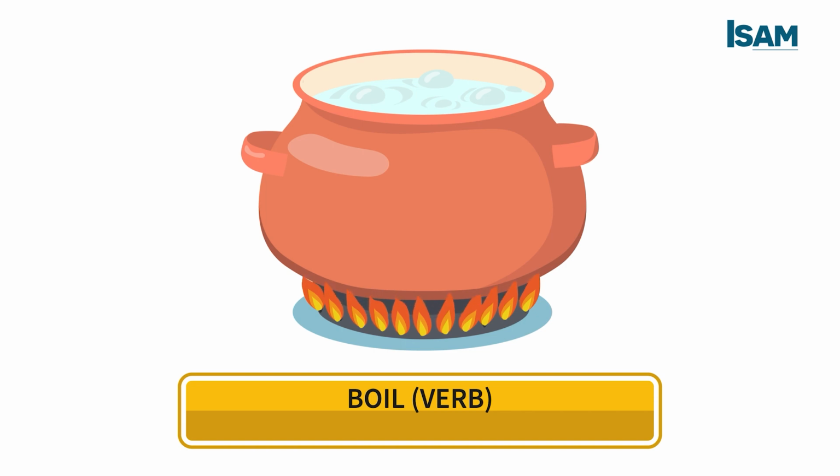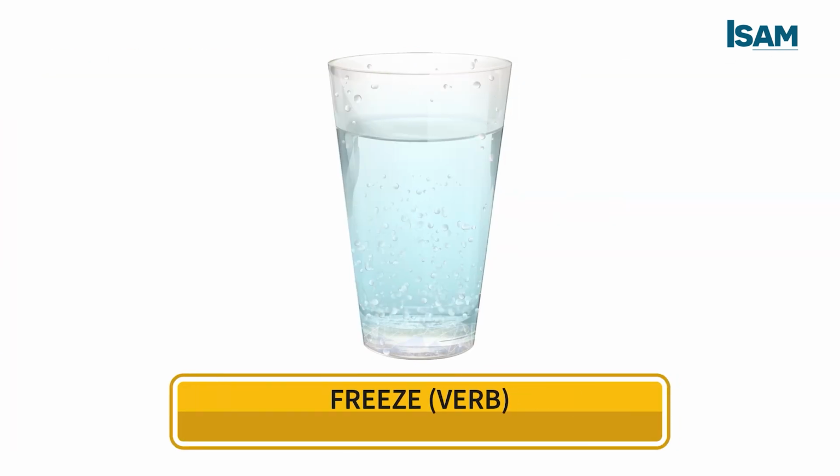For example, water boils at 100 degrees Celsius. Freeze is a verb. It means change from the liquid to the solid state by loss of heat. For example, water freezes at 32 degrees Fahrenheit.